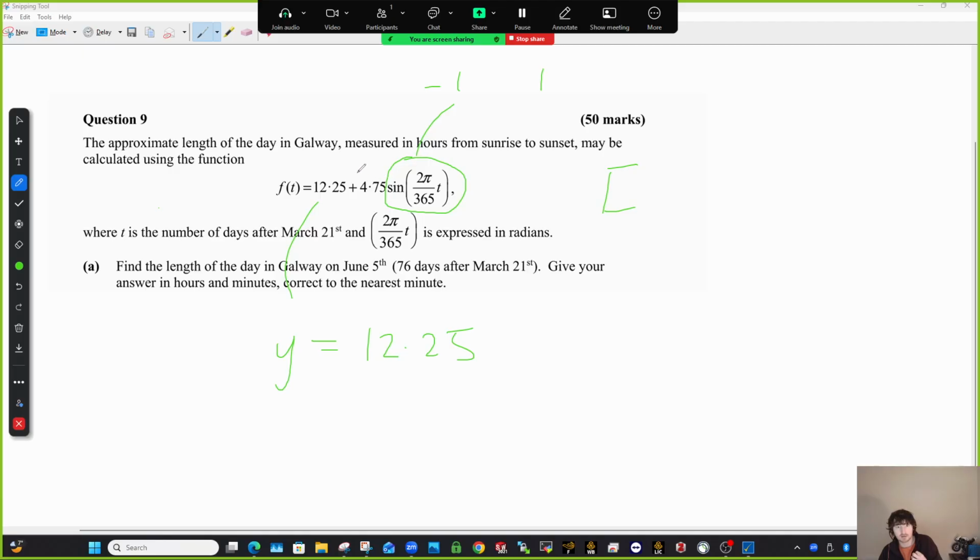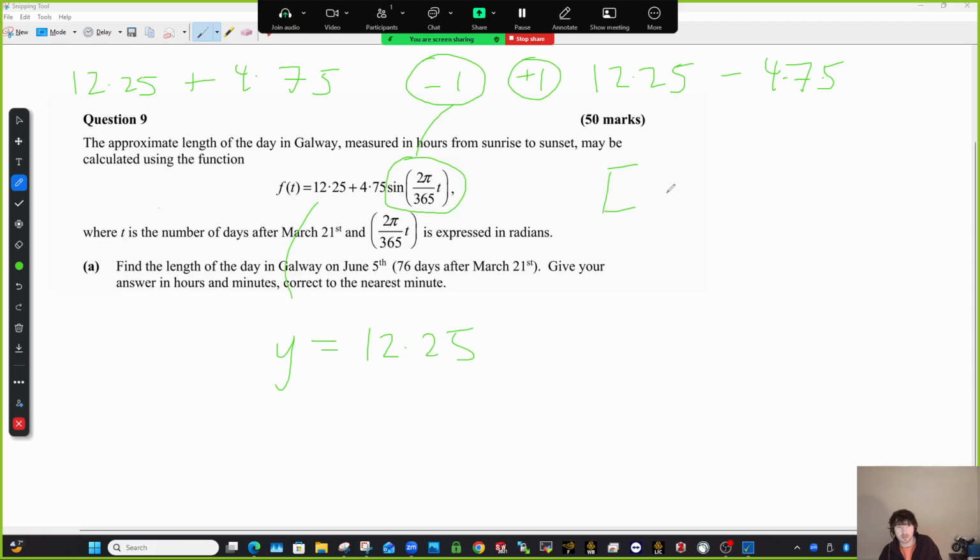And so the biggest value f could have is when this takes on the +1. So then it will be 12.25 plus the 4.75. The minimum value this f could have is when it takes on the -1. And so that will be the 12.25 minus the 4.75.